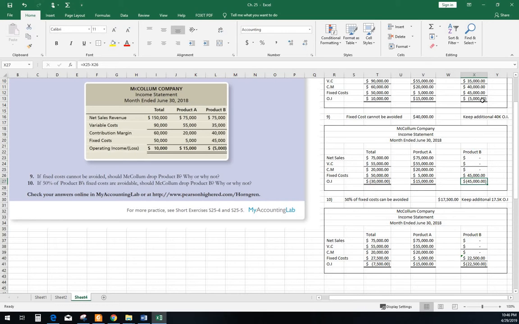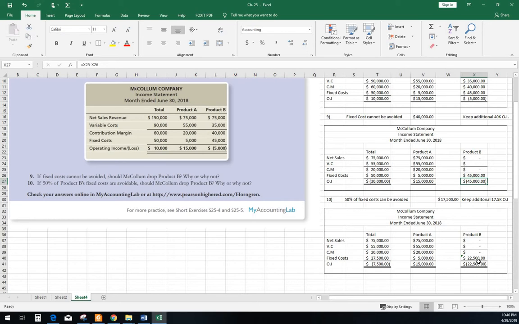Now, don't be confused because these are negative numbers. A negative number can be negative, but it's still bigger than another negative number that is even more negative. So just because the number is negative, that doesn't mean you have to drop the product line. Because dropping it would make the number even more negative because those fixed costs are still there.